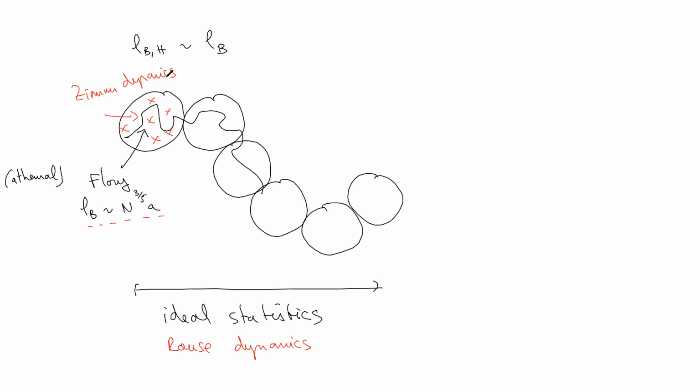Now, on the long length scale, you have a collection of blobs that act as a melt, so the statistics is square root of the number of blobs. So the total size goes like that times the blob length. That's for the statics, this is in black, okay?